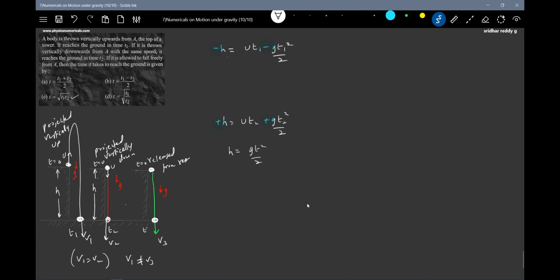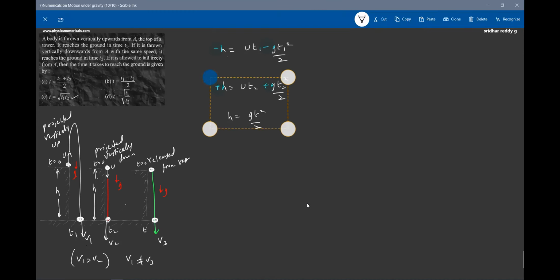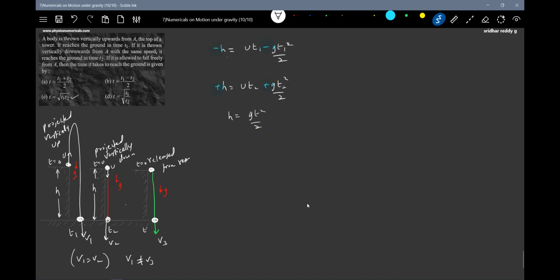Let me bring expression 4. I'll add up these two equations. Equation 1, equation 2, equation 3.